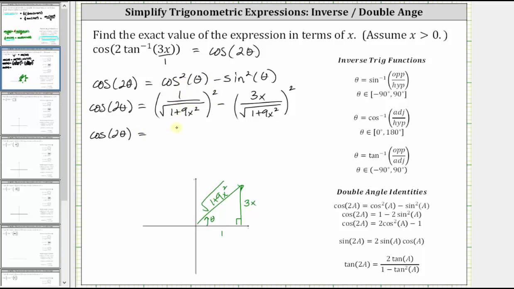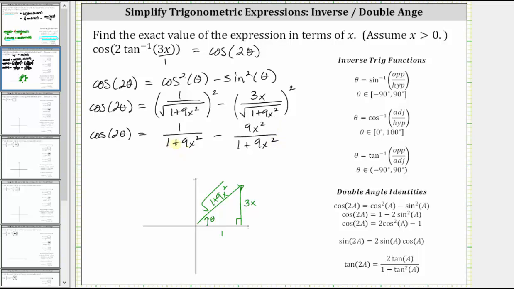So for the first fraction, 1 squared is equal to 1. When we square the denominator, the squaring undoes the square root. The square of the square root of the quantity 1 plus 9x squared is just 1 plus 9x squared. And then we have minus the square of 3x is equal to 9x squared. And again, squaring the denominator undoes the square root, giving us the quantity 1 plus 9x squared.